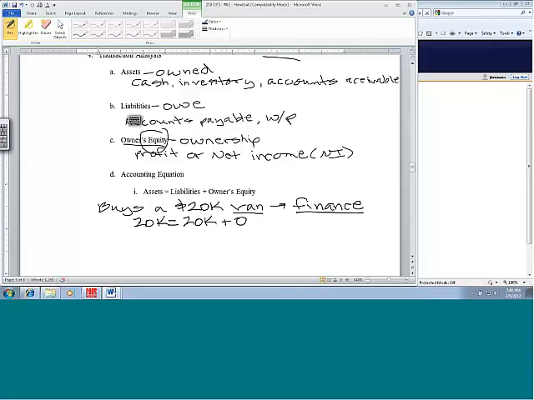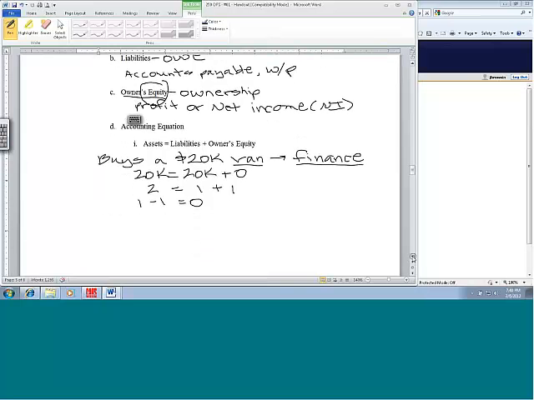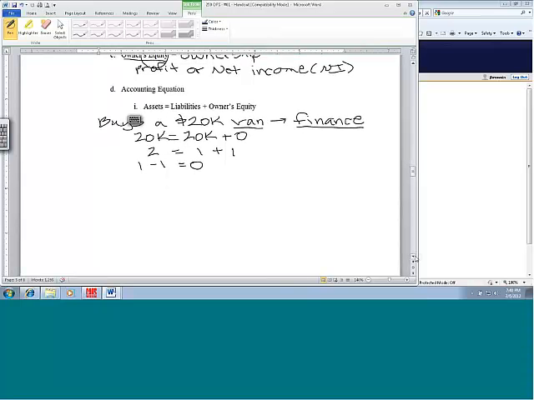But $20,000 equals $20,000. And we can do that for any sort of transaction. We can have 2 equals 1 plus 1. We can have 1 minus 1 equals 0. So any sort of combination of transactions, as long as one side of the equation equals the other side at the end, everything is good from the accounting equation perspective.